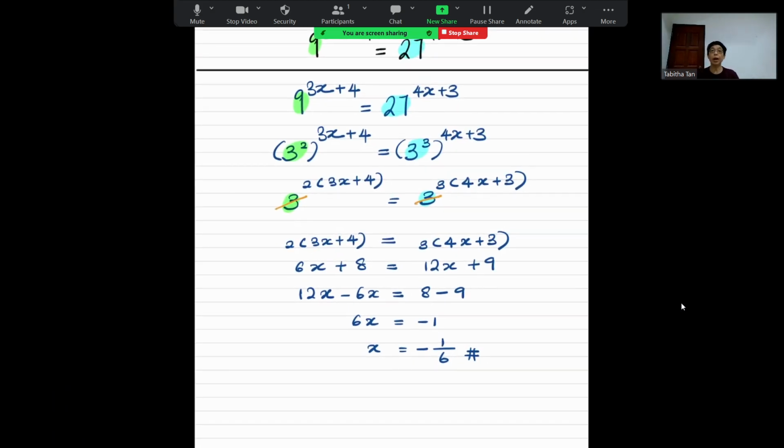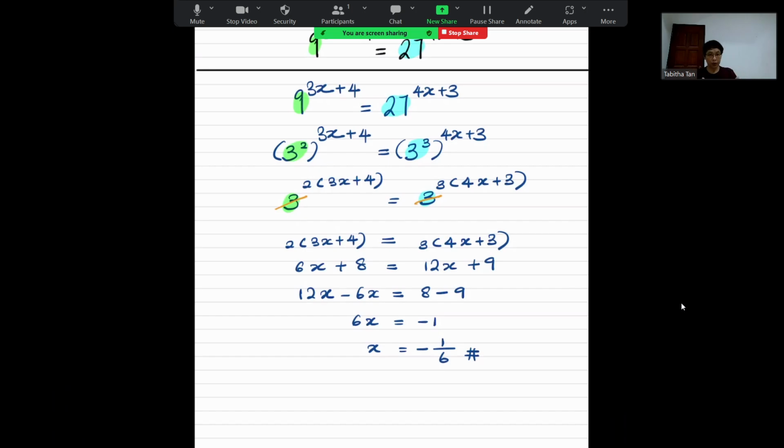Okay, so as a recap, before we end this video, when you encounter questions involving indices, the first thing you need to remember is to try to rearrange them so that both sides of the equal sign share the same smallest number as their base.